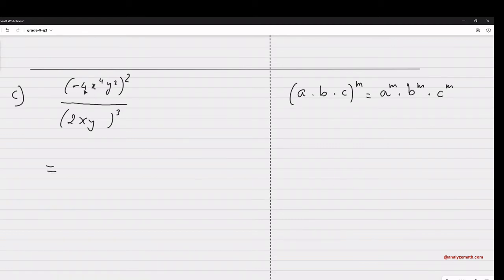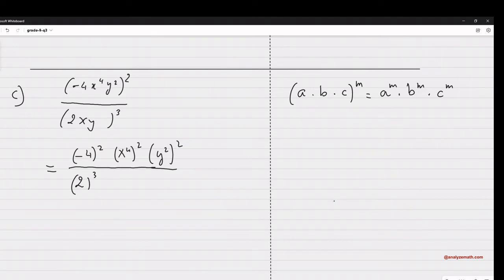So minus 4 is our a, x^4 is our b, y^2 is our c, and so on. According to the formula, we will have minus 4 to the power 2, and then x^4 to the power 2, and then y^2 to the power 2. So this is like a, b, and c. We split it. Now we go down and we do the same thing in the denominator.